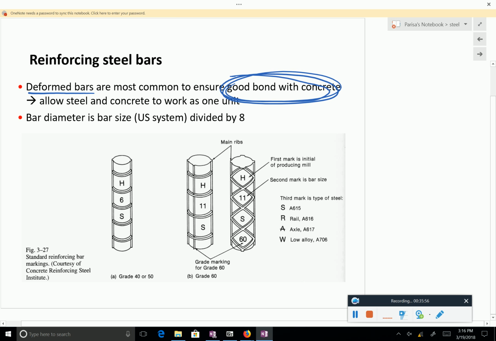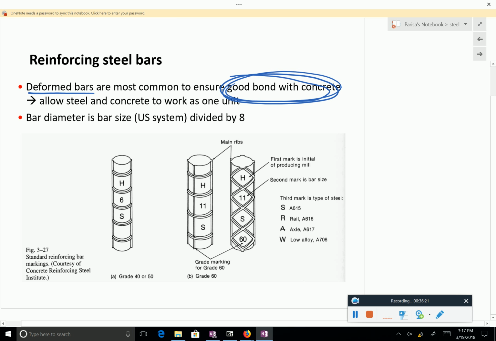They have threads and they bond to concrete because of that, so they don't get detached very easily. So concrete and steel work as one unit. Is this clear, when I say good bonding and they work as a unit? You all have seen reinforcing steel at some point in your life. Great. I never knew.